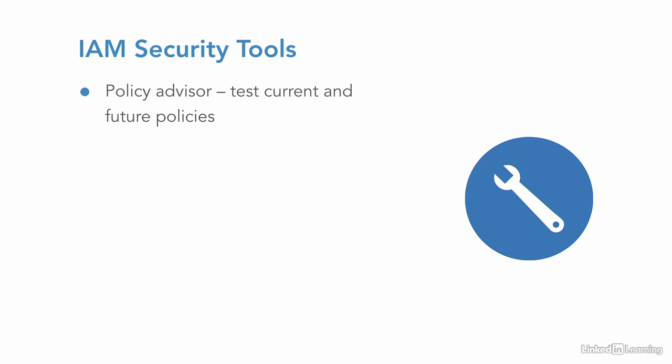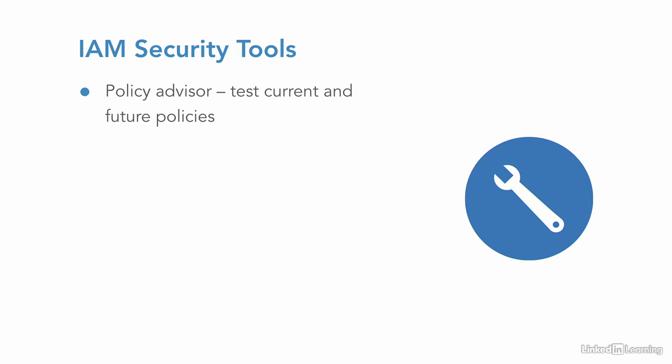We also have the Policy Advisor, and this is a tool that allows you to test your current security settings and future security settings. When we're talking security with Identity and Access Management, we're talking about creating policies, and these policies are levels of permissions which determine what you can and can't do.